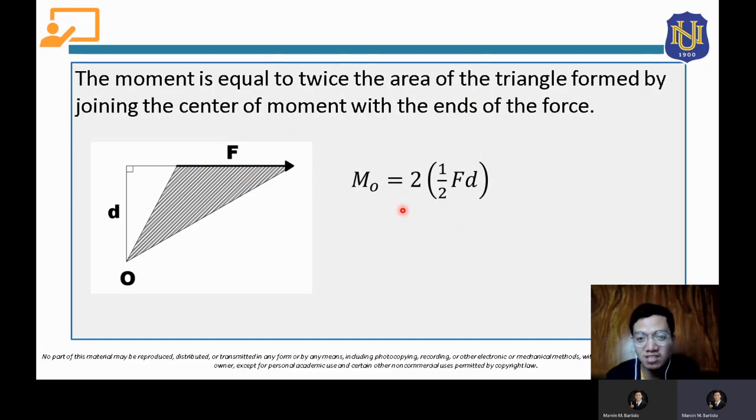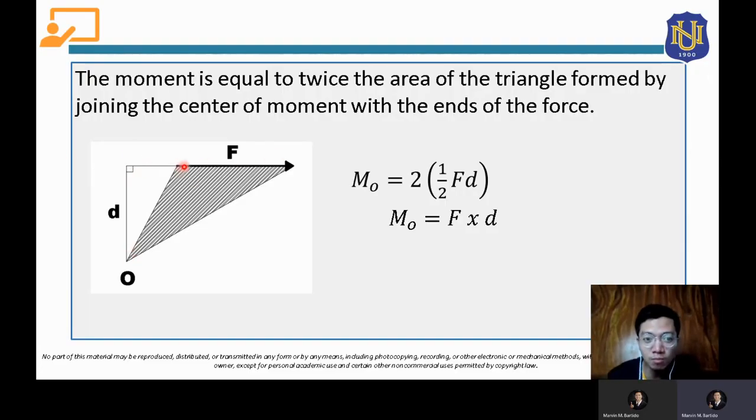So here, as we can see, this 1/2 and 2 will just be cancelled, right? So what will remain is just F times D, wherein F times D is actually the moment of your force about point O, right? This distance D is actually the perpendicular distance from point O to the line of action of this force.